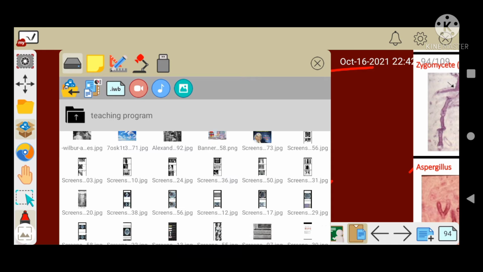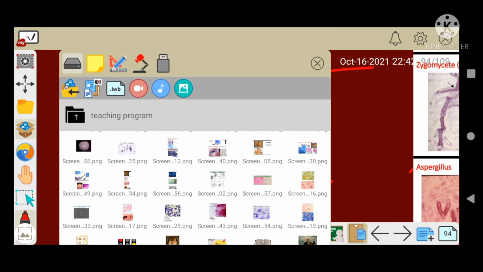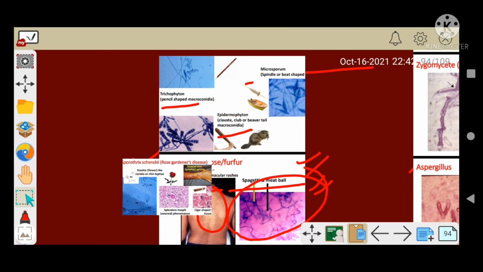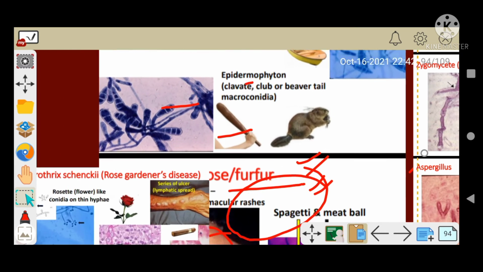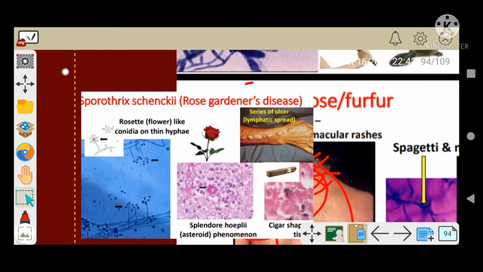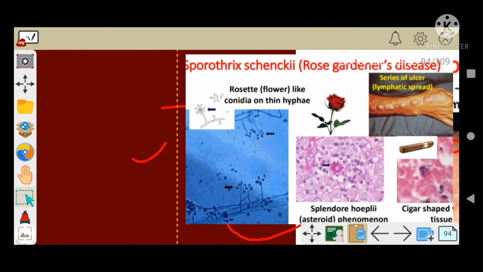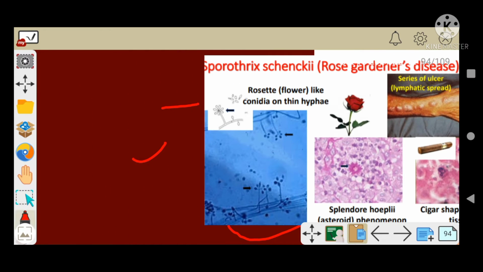Okay, this one, yeah, this is also important, also a derma topic. Sporothrix schenckii. So actually a case will be given like, there is a rose thorn prick in a gardener, and after a few days this was seen.